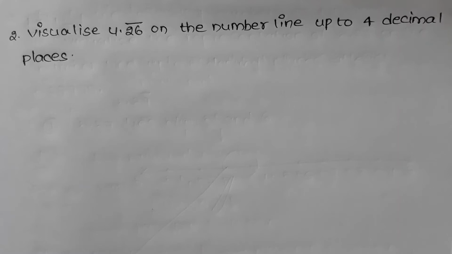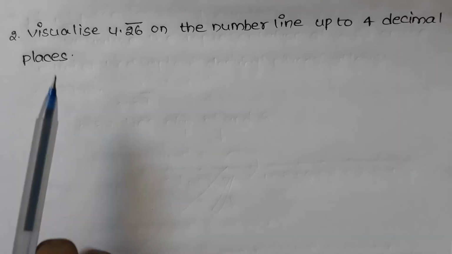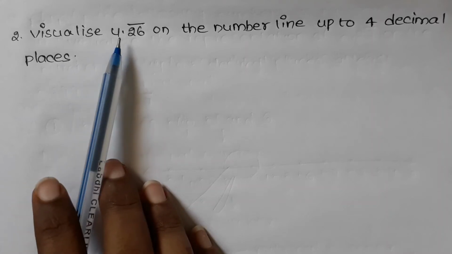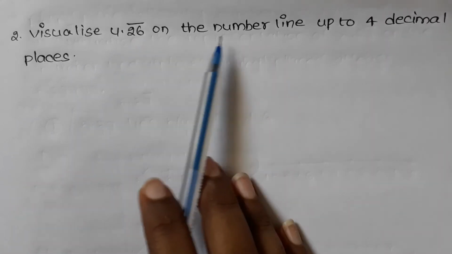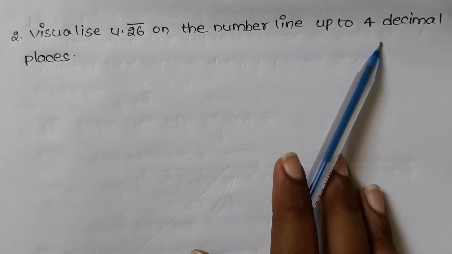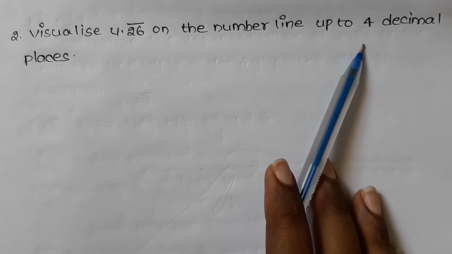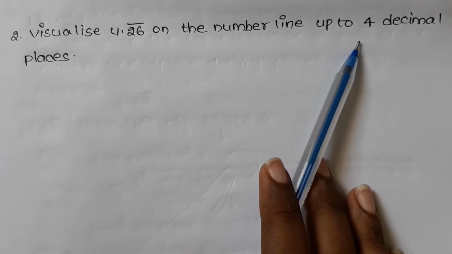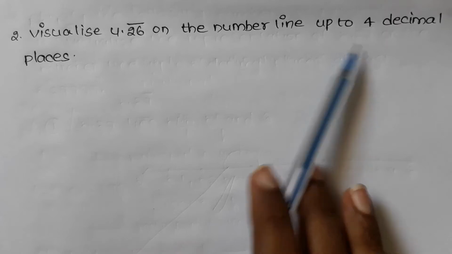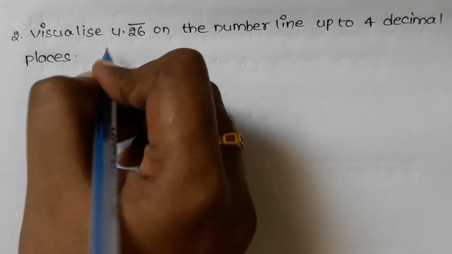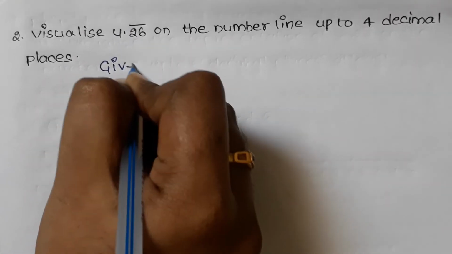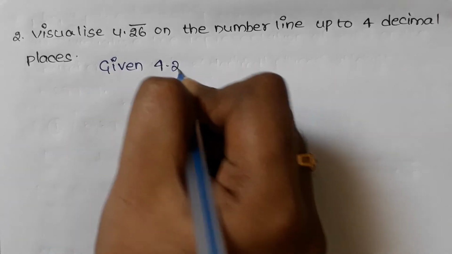And now let us see the second question, that is, visualize 4.26 bar on the number line up to 4 decimal places. Here the given number is 4.26 bar.